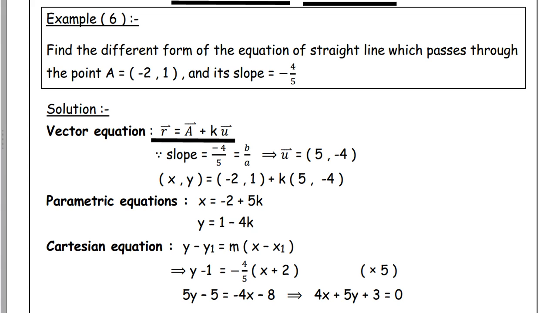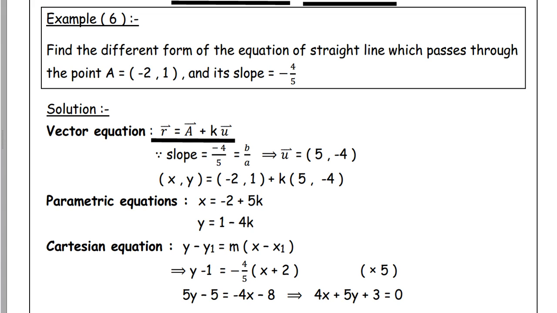If I have the direction vector, I can get the slope. Here in this example, I have directly the slope. Can I find the direction vector? Yes, so easy. The slope is b over a, negative 4 over 5. So the direction vector is 5 and negative 4.